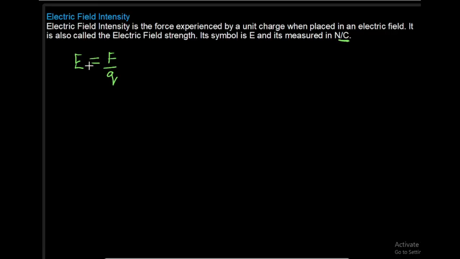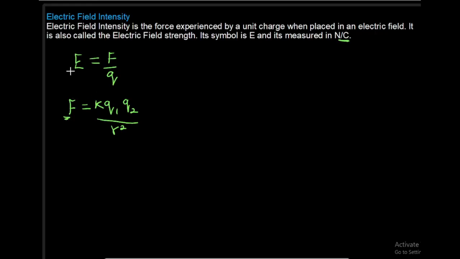Now, this equation can be simplified to give us another very important equation, as far as calculations concerning electric field intensity are concerned. And what's that equation? From Coulomb's law, the force experienced between two charges, Q1 and Q2, is given as F equals KQ1Q2 all over R squared. So let this be the force a charge placed in an electric field is going to experience.